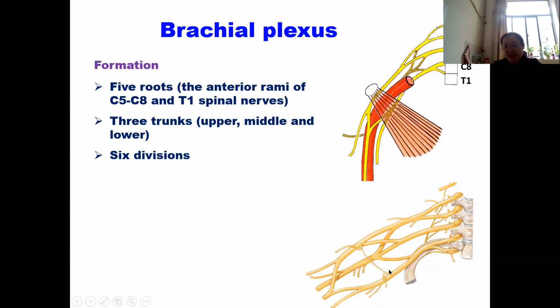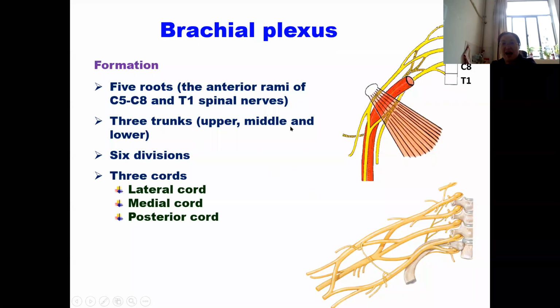And then the anterior division of the inferior trunk forms the medial cord. Then most of the branches are given by the lateral, medial, and posterior cords.